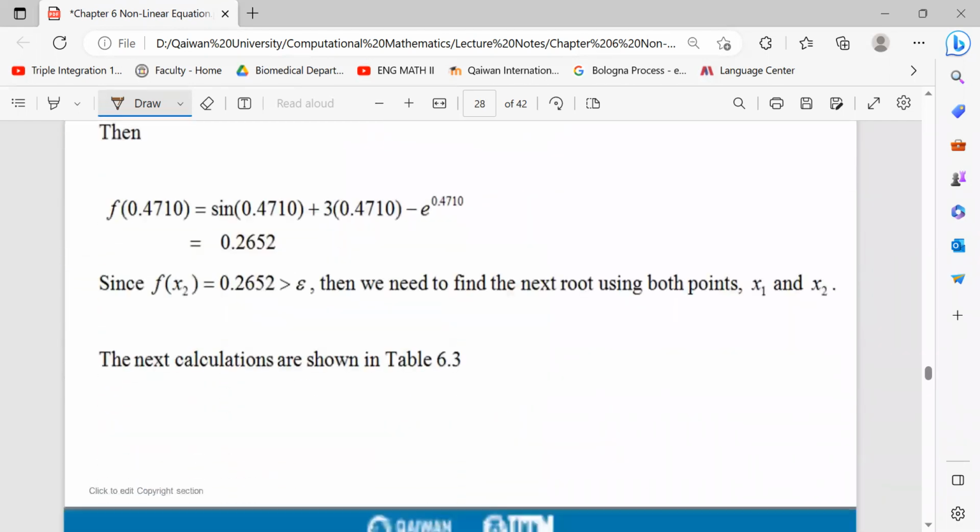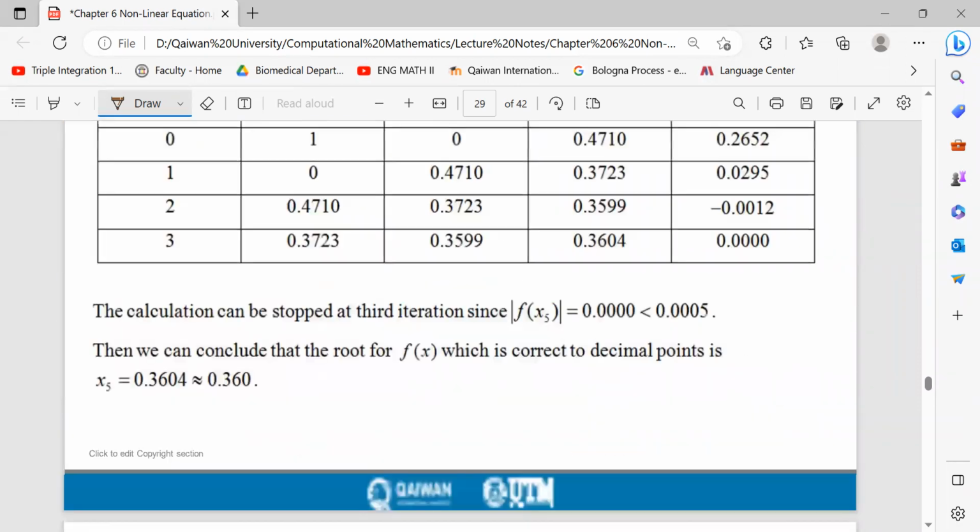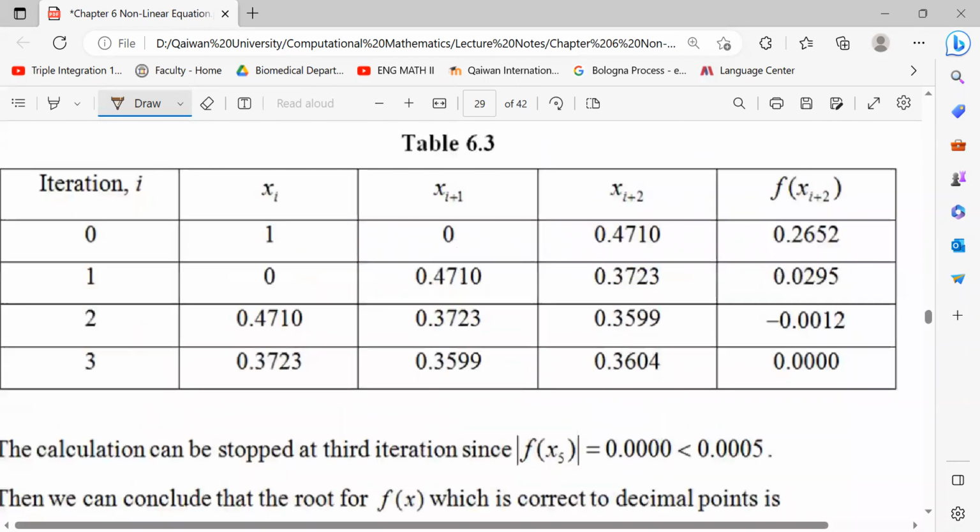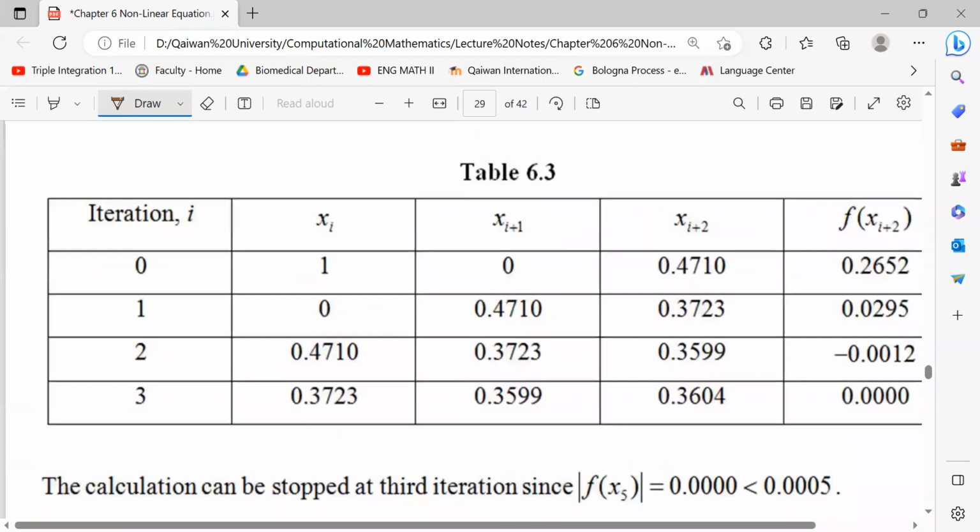Will we continue for 3 steps? Yes. In the first, we have 1 and 0. In the second, it is the bigger one and the next one, and so on with these two and these two.